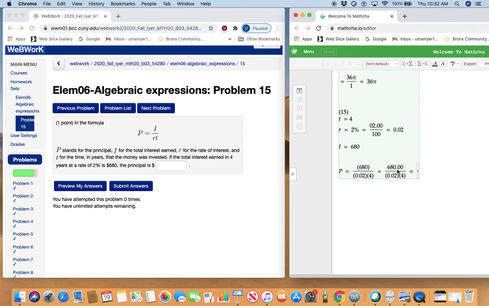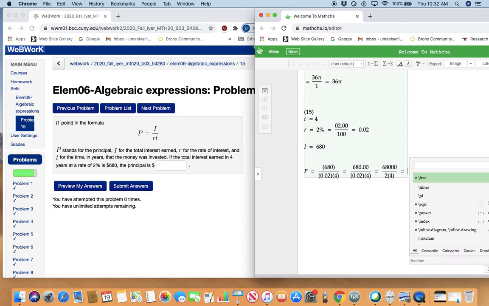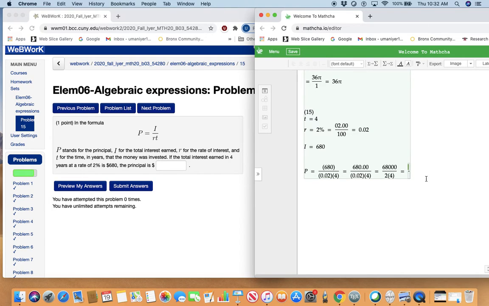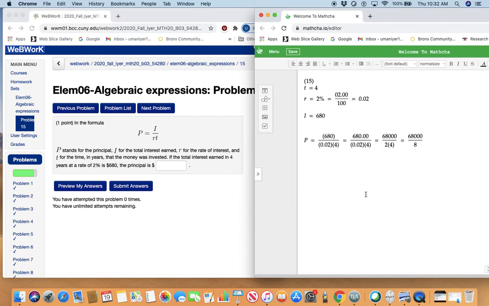That means I will have to move the numerator decimal 2 places to the right. So 68000 over 002 times 4. Well, 002 is simply 2. So that means all my decimals have gone away. I have a fraction 68000 over 8.